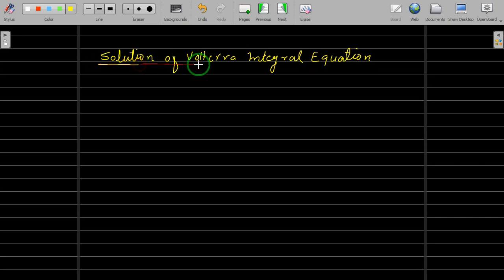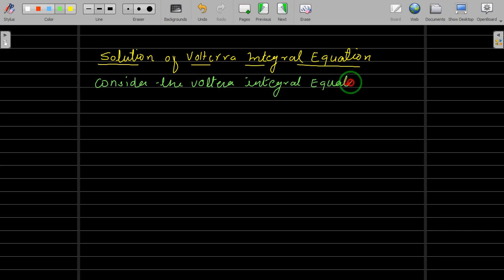So we will see what this Volterra integral equation is and how to solve that. Now consider this, as we have seen for the Fredholm integral equation. We consider this Volterra integral equation.